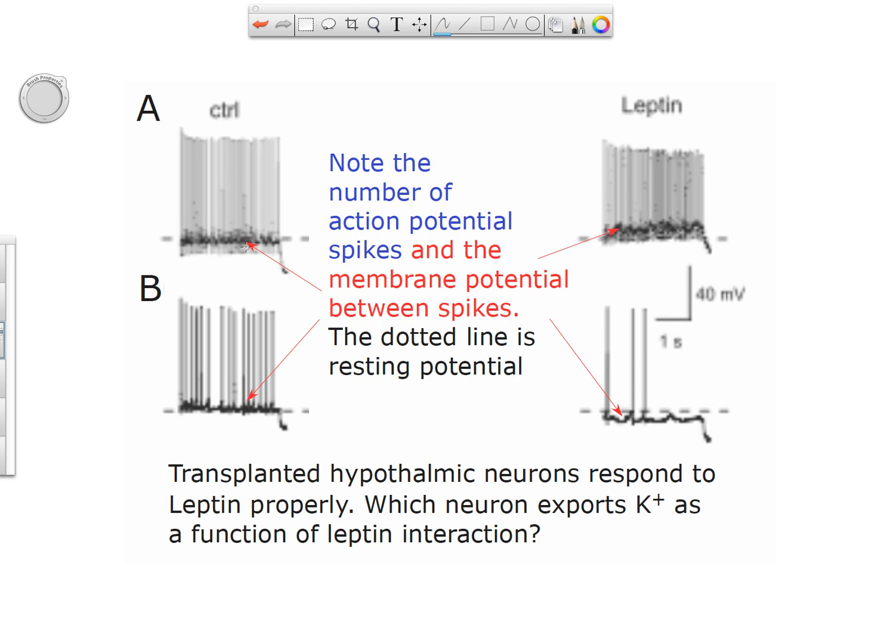So when the membrane potential isn't moving around, the spaces in between, what is the membrane potential? The dotted line is resting potential in each of these. So the question is, this you'll see better in lecture, this transplanted hypothalamic neurons respond to leptin properly part. But what you can understand right now from this video is which neuron exports potassium as a function of leptin interaction.